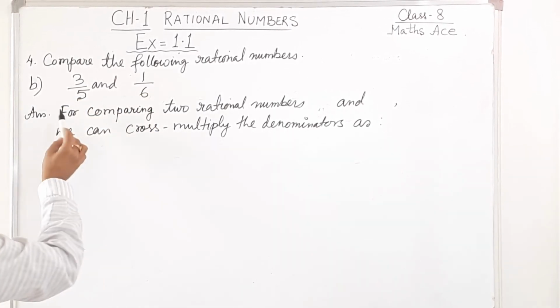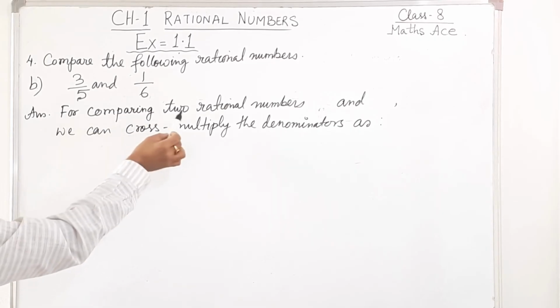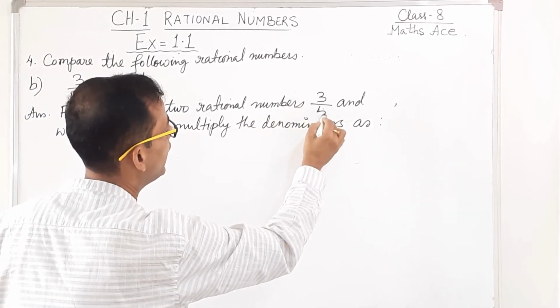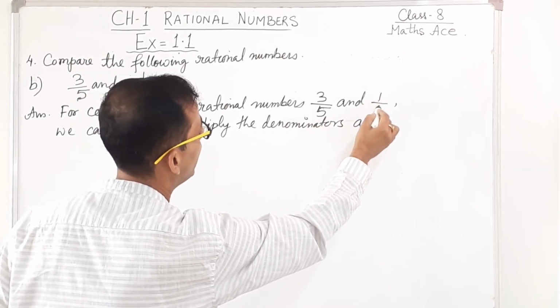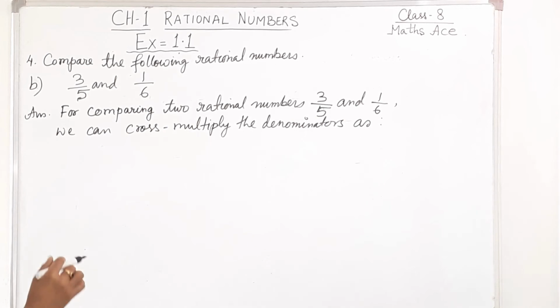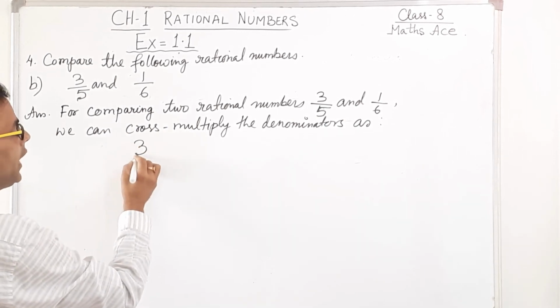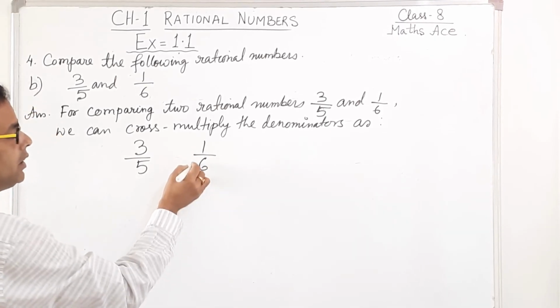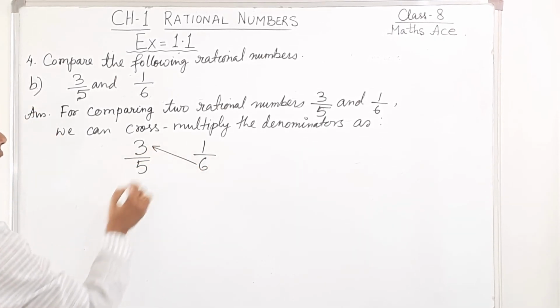So like that way, same way we will write for comparing two rational numbers, 3 by 5 and 1 by 6. We can cross multiply the denominators. So we will write 3 by 5, 1 by 6. So now what we will write? Multiply.